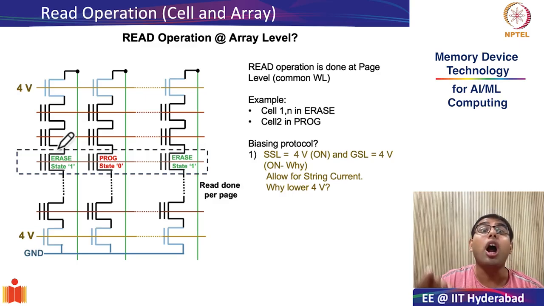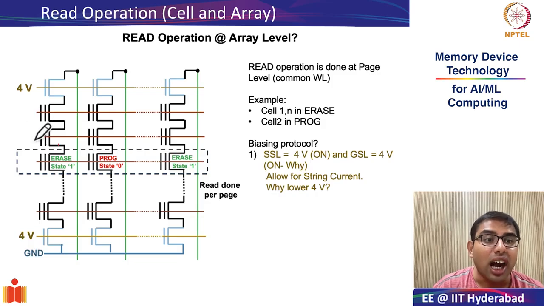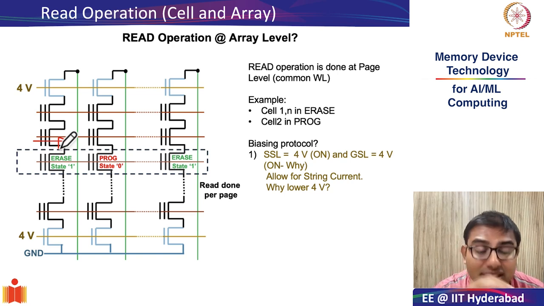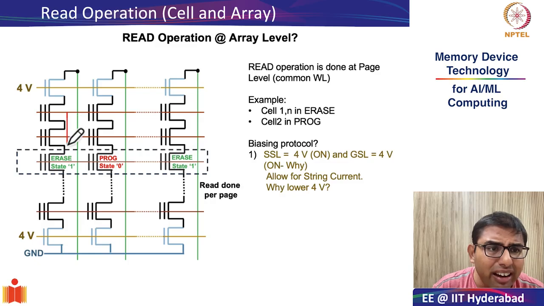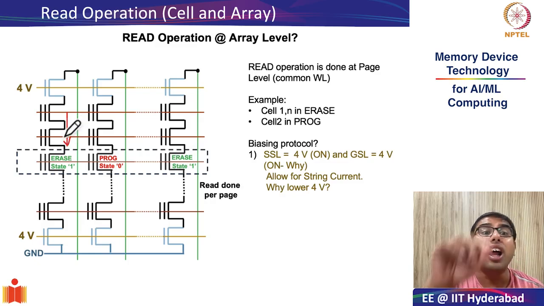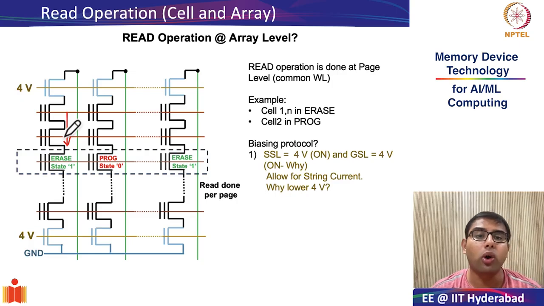In fact, you do not want any charge transport to happen in this direction from the control gate into the channel and disturb the state of the cells during read operation. What you would want is just a tiny read current to flow along the string to indicate whether the respective cell is in state 1 or state 0, or erase state or program state.